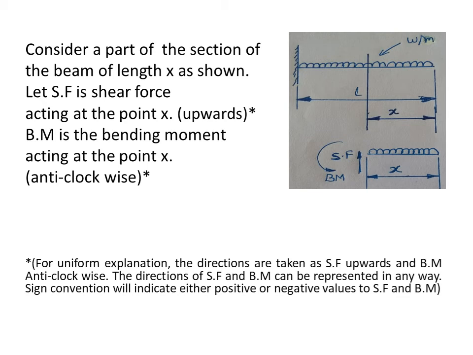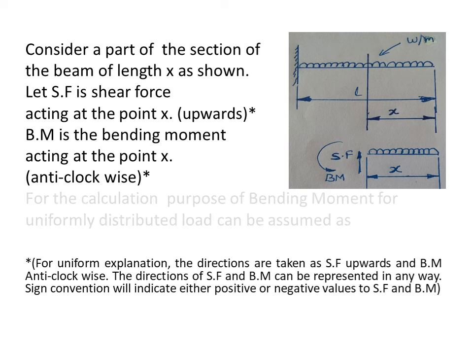The directions are taken as SF upwards and BM anti-clockwise for presentation purposes. The directions of shear force and bending moment can be represented in any way. The sign convention will indicate either positive or negative values for shear force and bending moment.